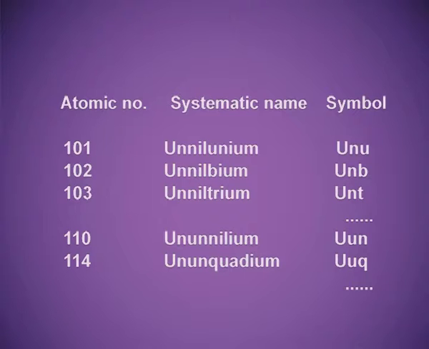And so on, you can write the symbol. Now, I am taking one more example, atomic number 110. 1 is un, again 1, so again un. For 0, it will be nil and the ending of the name is ium. The complete name will be un-un-nilium.